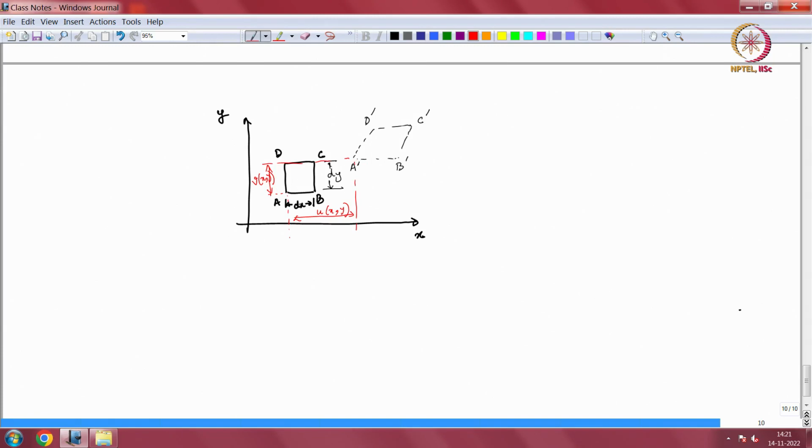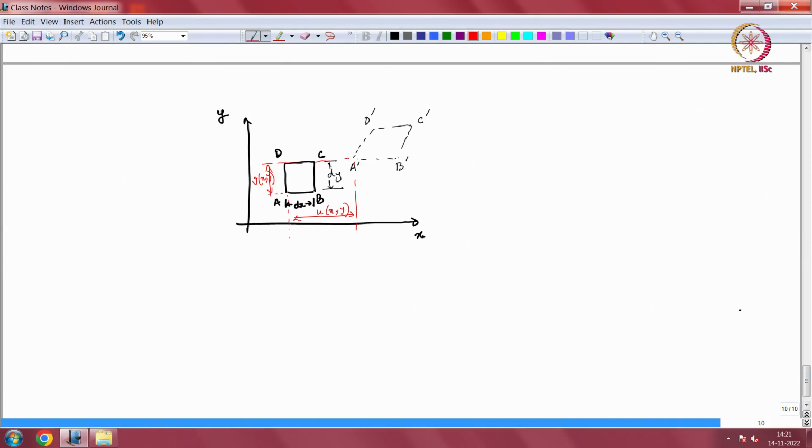Now similarly B has moved to B dash, and for me to be able to get the geometry accurately, I also need to account for the movement in B. Now this we will do just like we did before in the previous example.